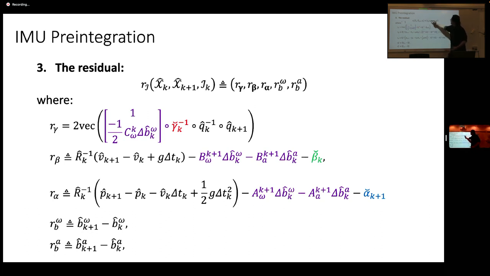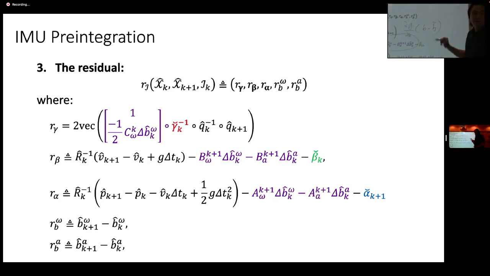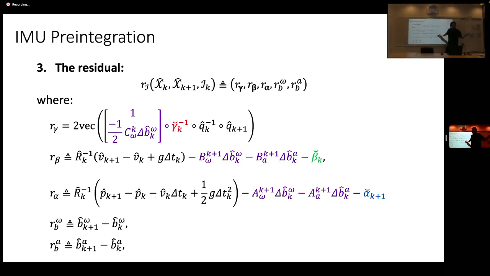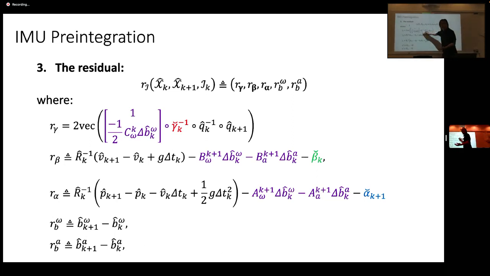The G on the bias with the B minus B. So the residual is like this. That's why GTSAM handles this for you, even though this integration doesn't have anything to do with graph optimization, and they also assume something in that application.